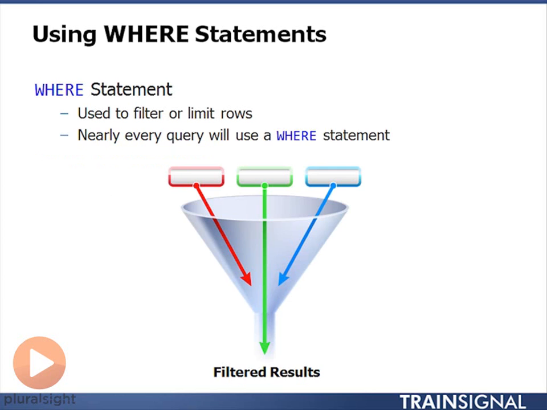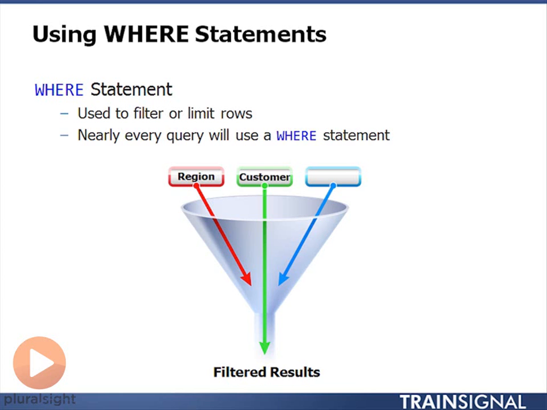Our where statements are going to allow us to filter out rows. Now, basically, every query that you're ever going to create is going to utilize a where statement because almost every query that you ever create is going to require a filter on the rows. So for example, I may be looking for sales from just a particular region or from a particular set of regions. So if I'm the manager of the Northwest region, I really only care about sales in Northwest.